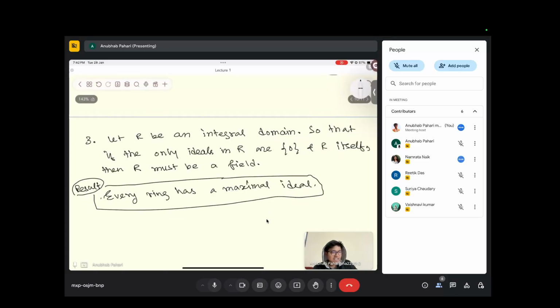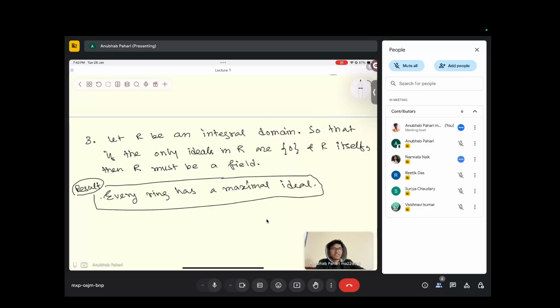But R has to have a maximal ideal, right? You are already assuming that R has a maximal ideal, but in this argument I don't see that I'm using this result anywhere.